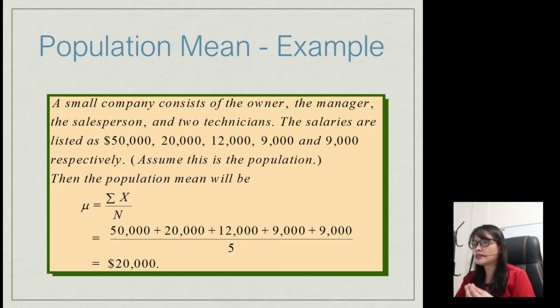Then the population mean, mu, is equal to the summation of x over capital N, since the problem deals with a population. Add all the given data entries and divide by the number of data that we have, which is 5. The average salary will be $20,000.